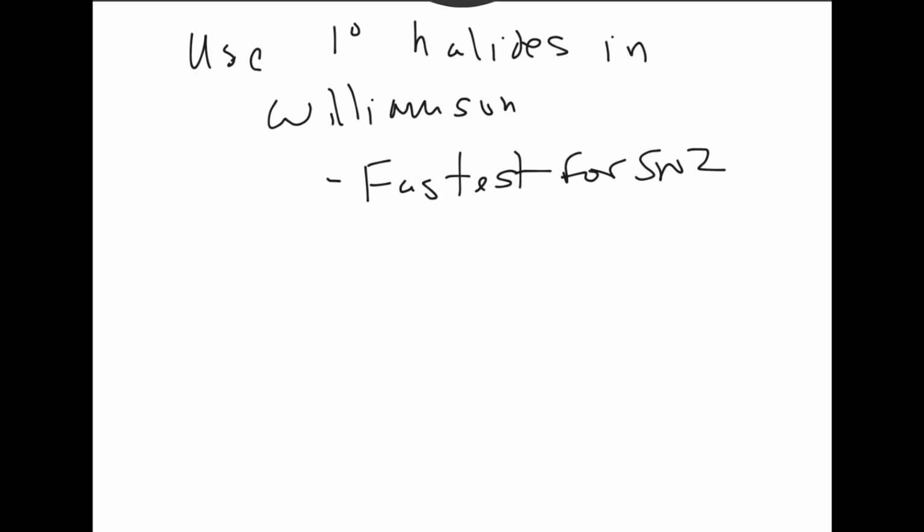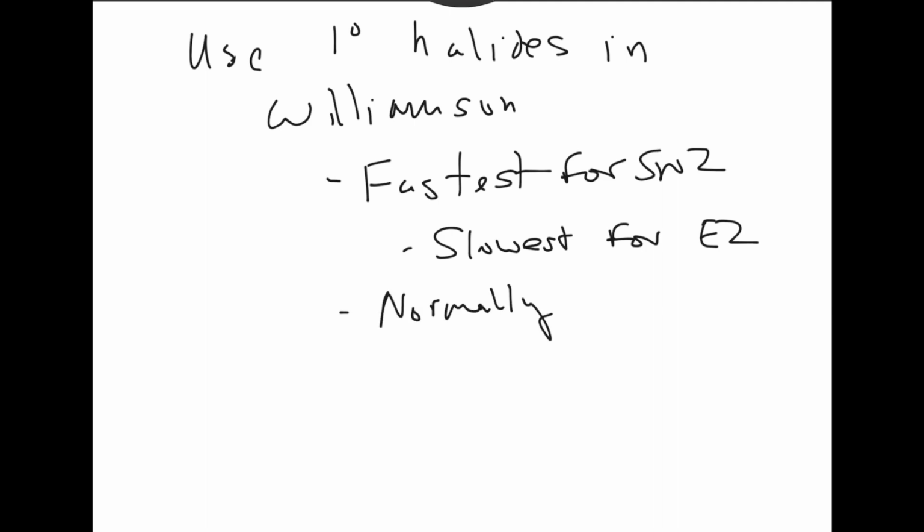Primary halides are the fastest for SN2 reactions and slowest for E2 reactions. They normally only do SN2 reactions, which means you don't have to worry about competition. You don't have to be as careful with your conditions because you know your halide is predisposed to doing SN2 reactions. So you don't have to worry about elimination competing with your ether synthesis, because you've picked a halide that doesn't do eliminations. This eliminates the possibility of eliminations.